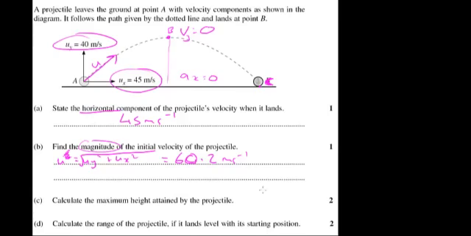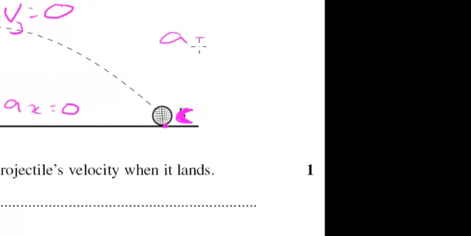Maximum height, we've got acceleration in the y direction, which is minus 9.8 meters per second squared. Don't confuse these two. This is horizontal acceleration, this is vertical acceleration. So we've got v, we've got u, we've got a, we're trying to find s.